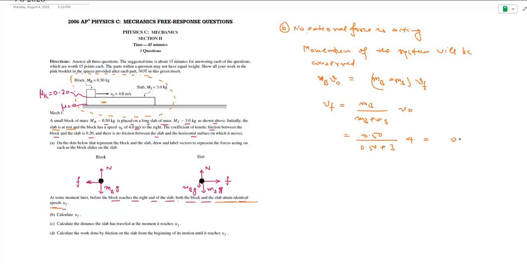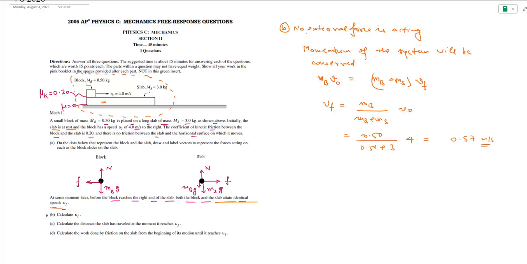If you solve it, that is 0.57 meter per second. So that will be the speed. What we have done here is use the law of conservation of linear momentum, but before that we assumed that the block and the slab are in a system.